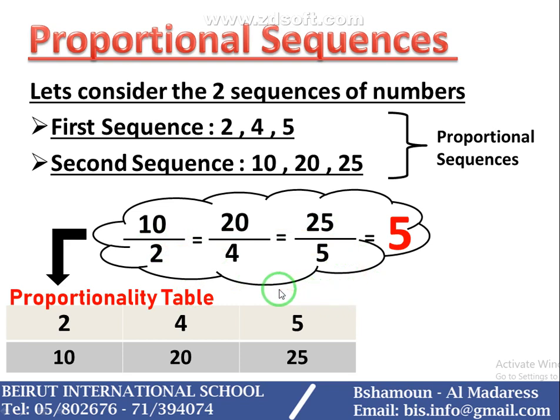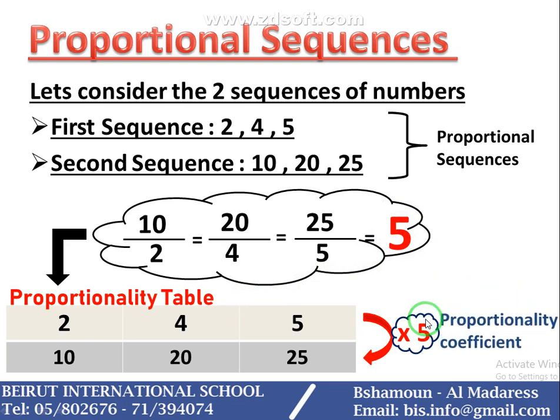And you can notice that the numbers in the second row are obtained by multiplying the numbers of the first row by 5. Here 5 we call the proportionality coefficient, and we can find the proportionality coefficient by finding the answer of the fractions.